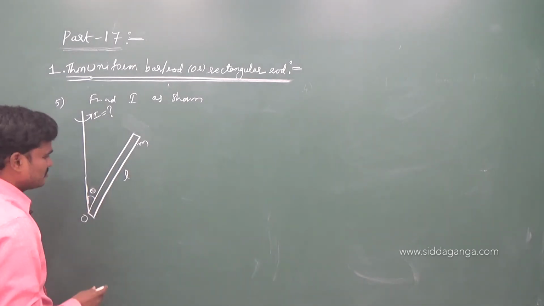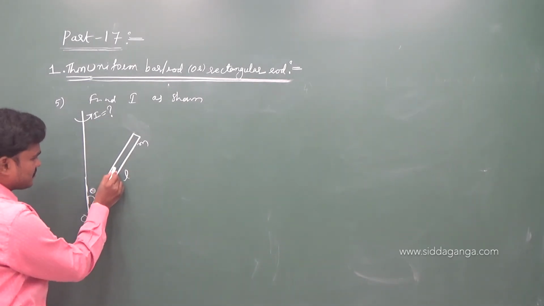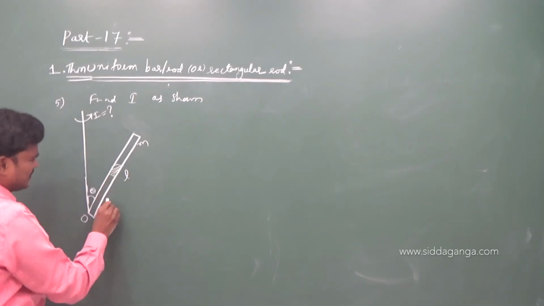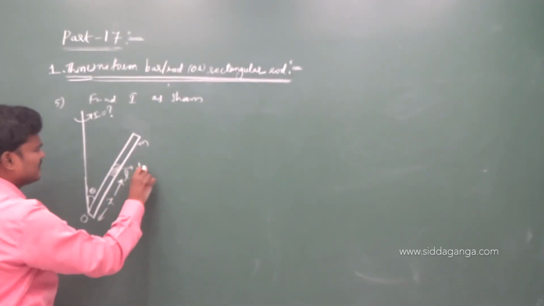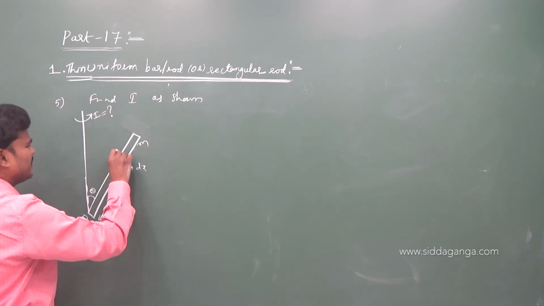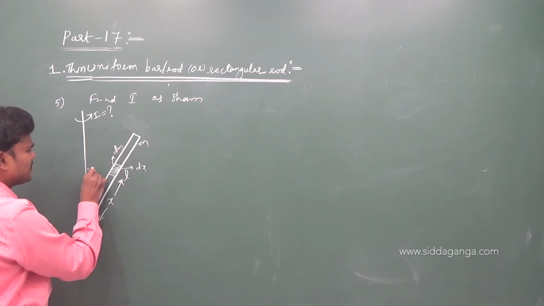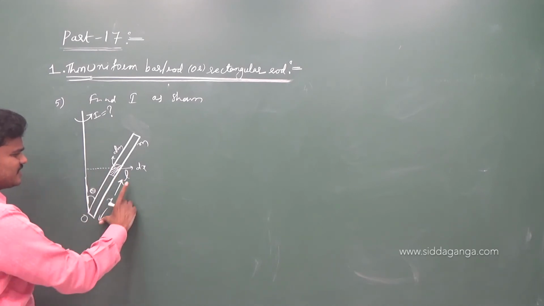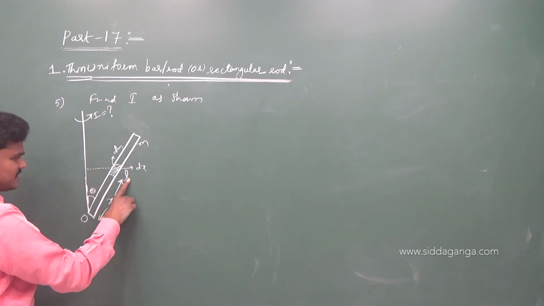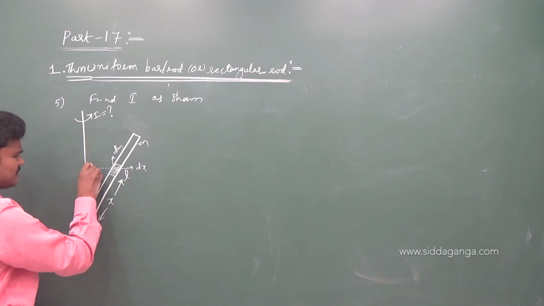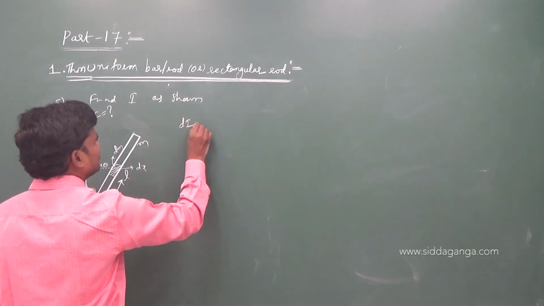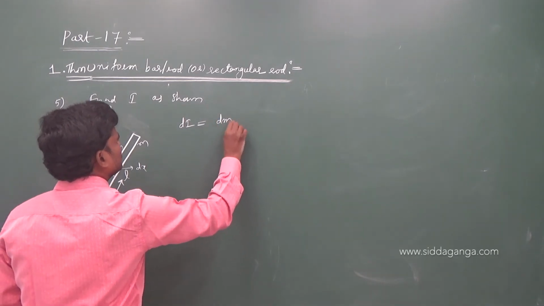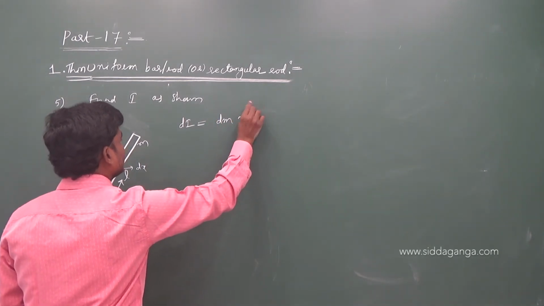You have to go for a small element at a distance of x. At a distance of x, you take a small element dx, mass is dm, and this is the perpendicular distance. This is x, this is x cos theta, and this is x sin theta. So dI is equal to dm into x square, the basic formula.